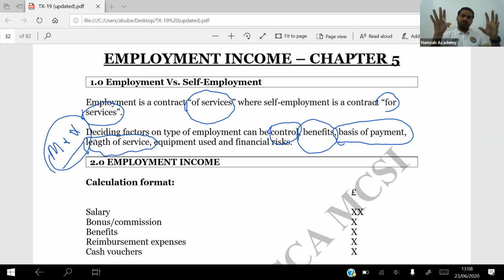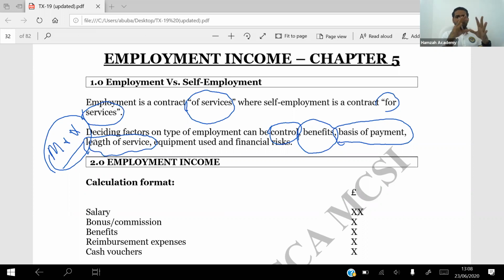It means in self-employment, the length of service is up to when exactly the project will be finished, but in employment, it will be on a continuous basis.